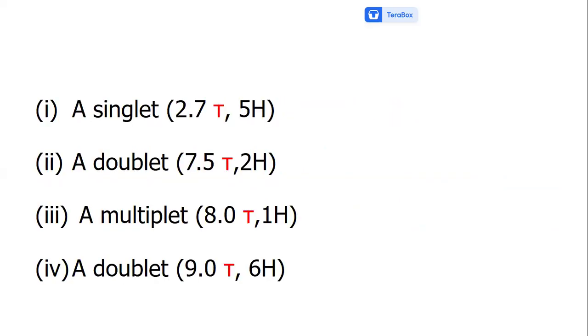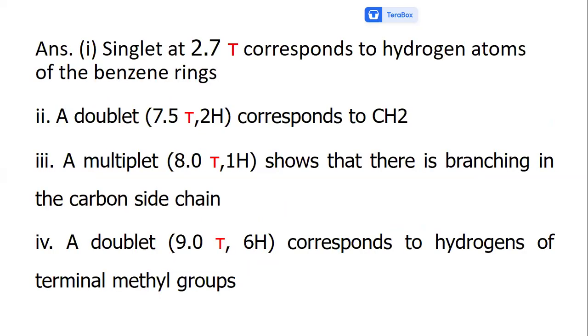NMR: a singlet at 2.7 tau value, 5 hydrogens; a doublet at 7.5 tau value, 2 hydrogens; a multiplet at 8.0 tau value, 1 hydrogen; and a doublet at 9 tau value, 6 hydrogens. The singlet at 2.7 tau corresponds to hydrogen atoms of the benzene ring. The doublet at 7.5 tau, 2 hydrogens, corresponds to the methylene group. The multiplet at 8.0 indicates a branching in the carbon side chain.